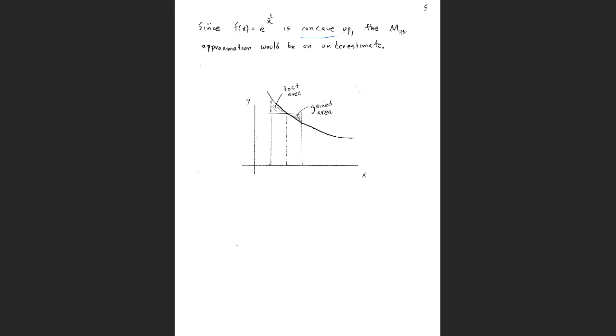How many recall that from Calculus 1? If the second derivative of the function is positive, your function is concave up. Okay, good. Clea remembers that. So look at what I've done here. I've just drawn a picture of a concave up function.